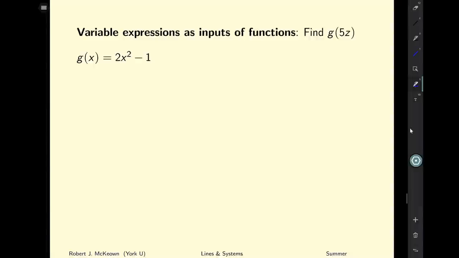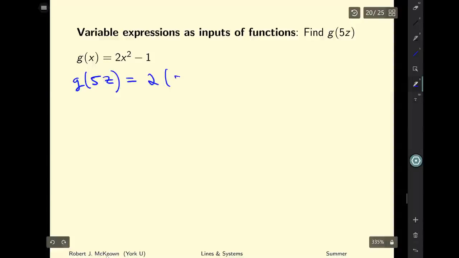The question says, here's a function g of x. Find g of 5z. So everywhere there's an x, I'm going to plug in 5z. So I've got 2 times (5z) squared minus 1.